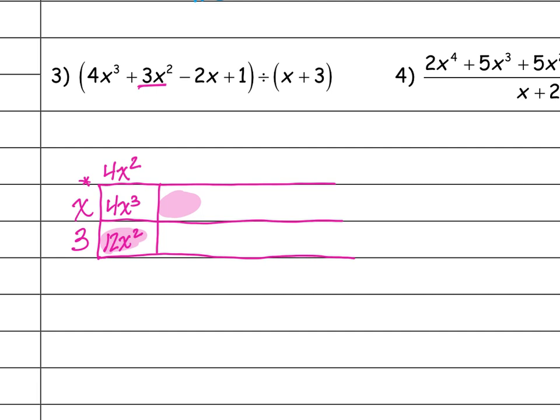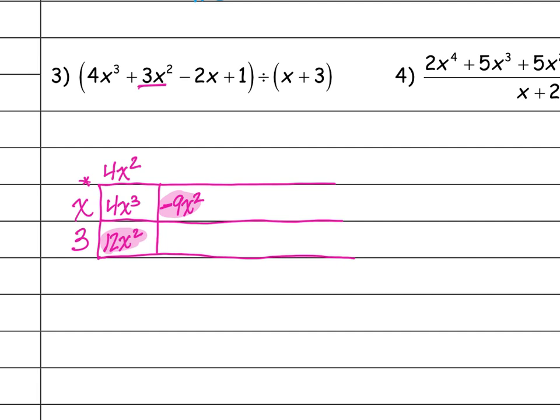So my question is, what do I add to 12x squared that gives me 3x squared? I'm going to ask it again. What do I add to 12x squared that gives me a total of 3x squared? Negative 9. Yeah, good. Negative 9x squared. Good. Right? Because 12 minus 9 is 3.